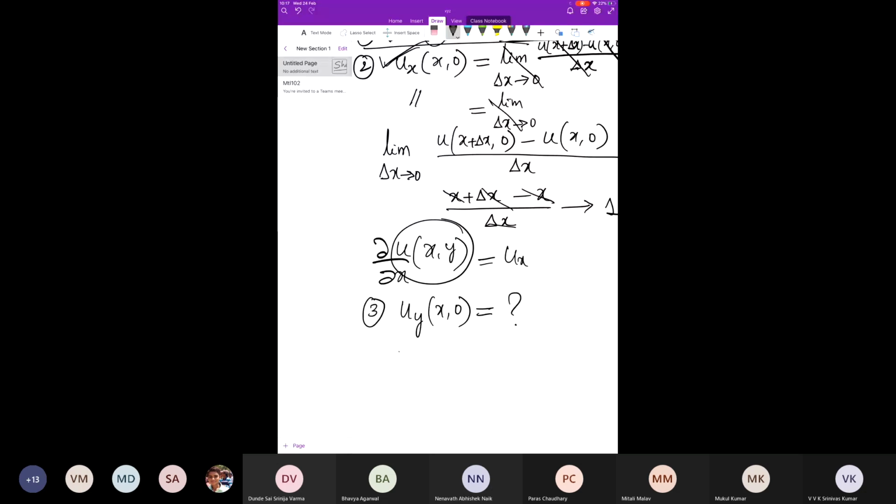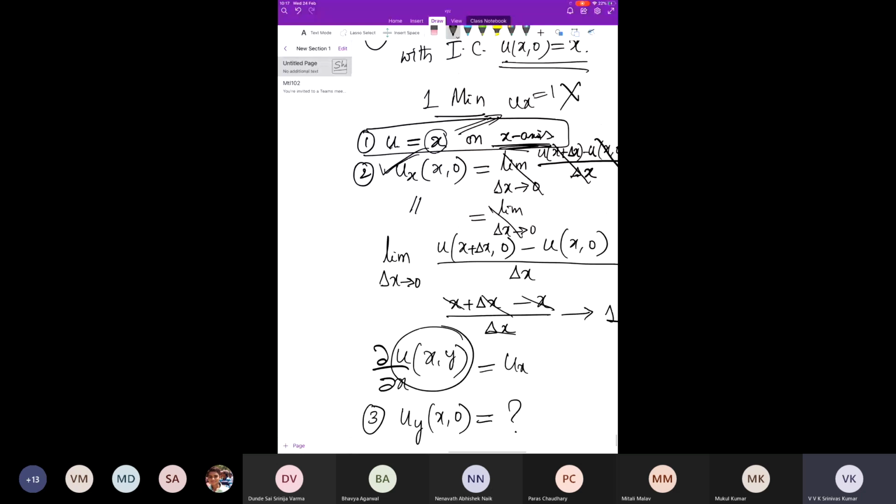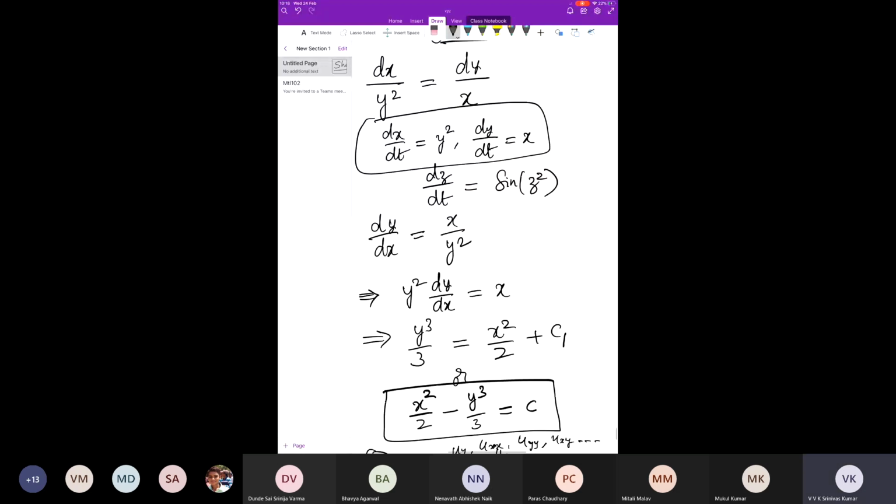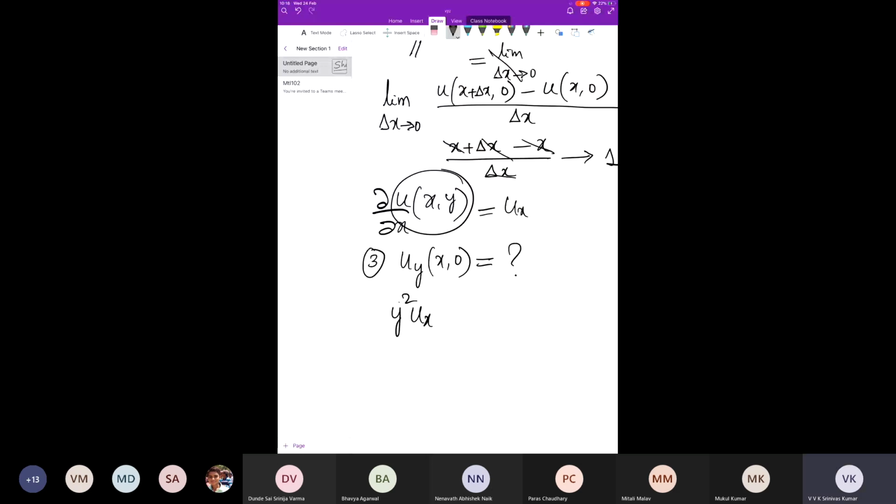The PDE is this one. Maybe we can get it directly from this PDE: y squared ux plus x uy is equal to sine u squared. Now put y is equal to 0 here, because already we have put y is equal to 0 in the equation, so this goes to 0.